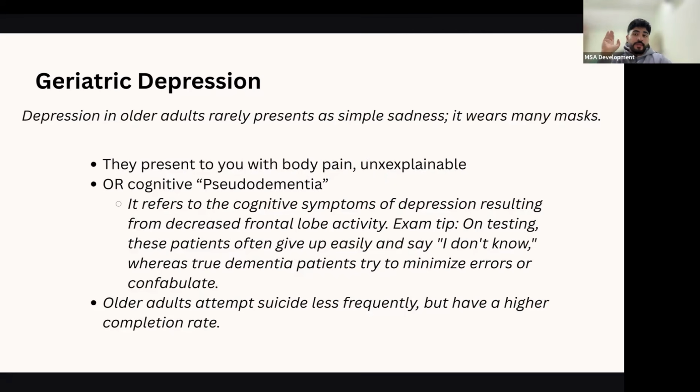So this is pseudo-dementia. Why pseudo-dementia? Because people who have dementia will try their best to minimize the error, or they will confabulate, just say whatever, to give you the idea that they're fine and not going through anything. On the contrary, in geriatric depression, they're just going to give up on you easily.